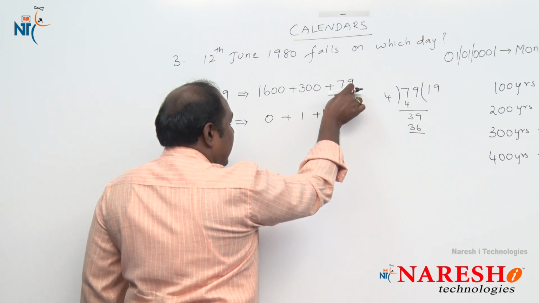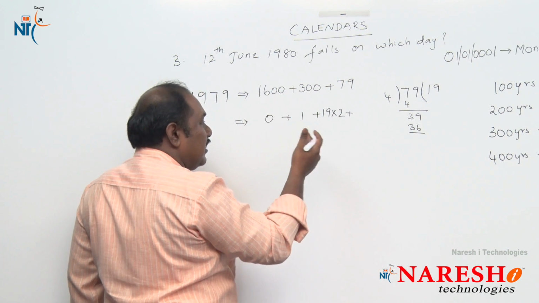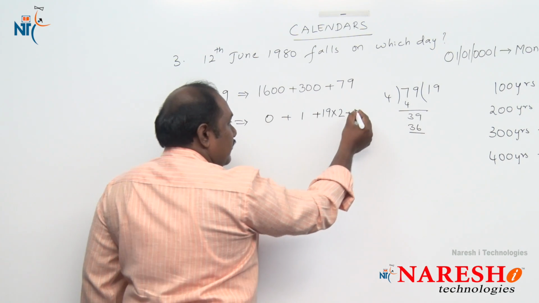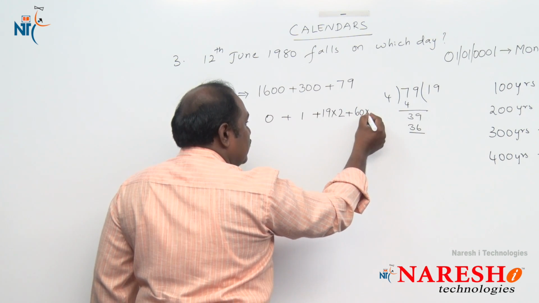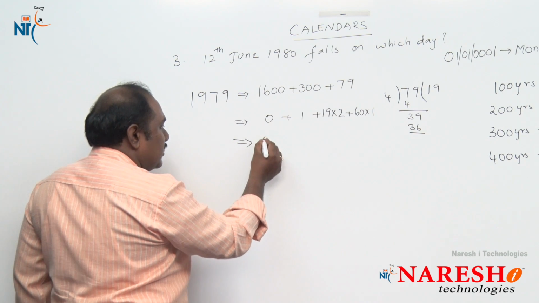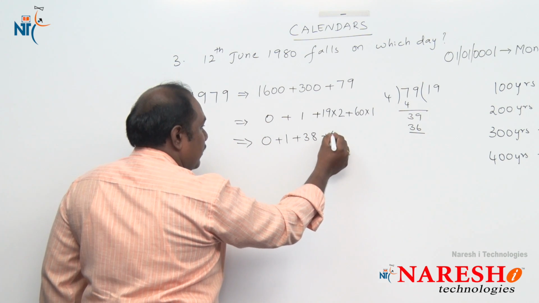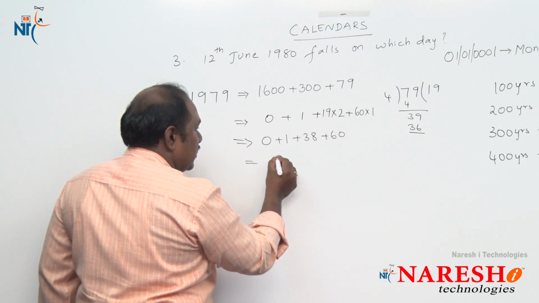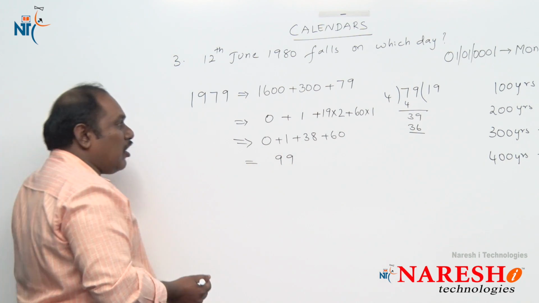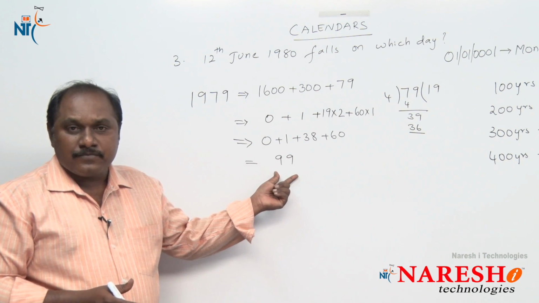Out of these 79 years, if 19 are leap years, all the other years are non-leap years, which are 60. And each non-leap year has 1 odd day. Calculating this, we get 0 plus 1 plus 38 plus 60, which is 99. But according to the concept of calendars, 99 cannot be odd days.